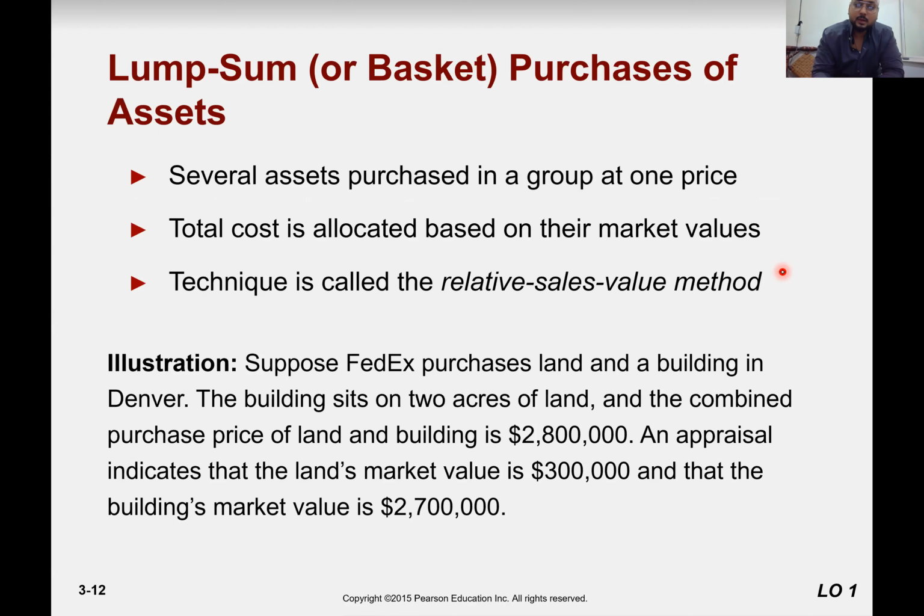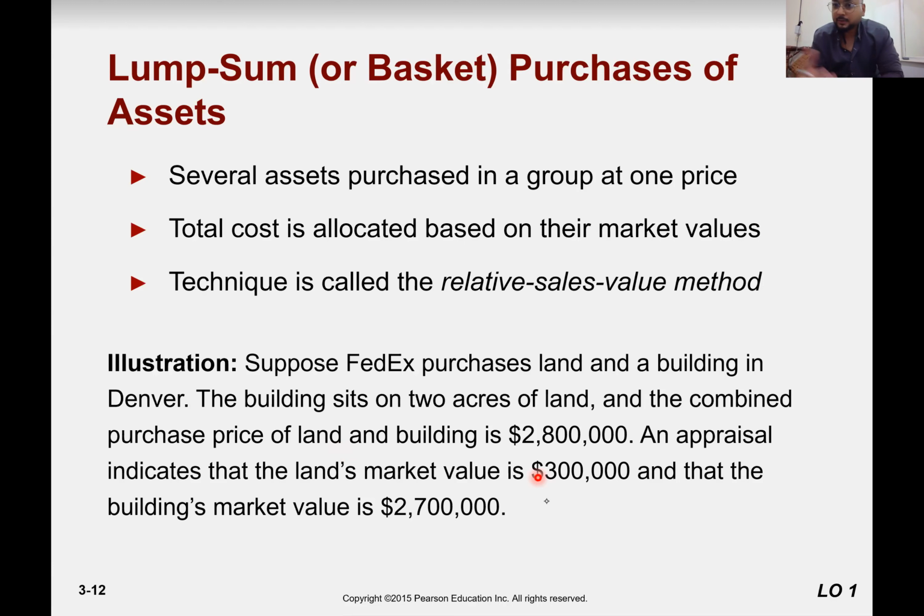Suppose FedEx purchases land and building in Denver. The building sits on 2 acres of the land. The combined purchase price is $2,800,000. The appraisal indicates that the land value is $300,000 and the building value is $2,700,000.